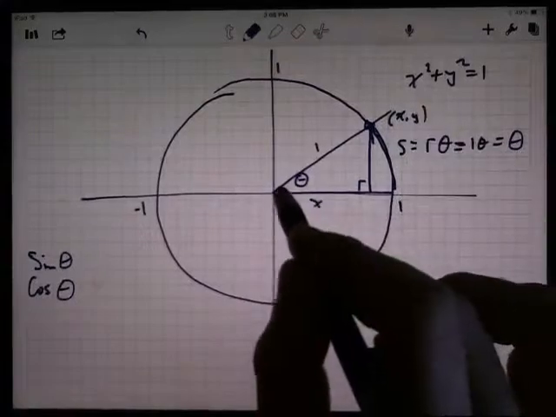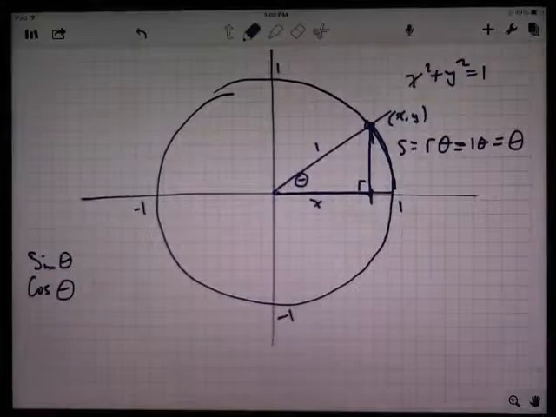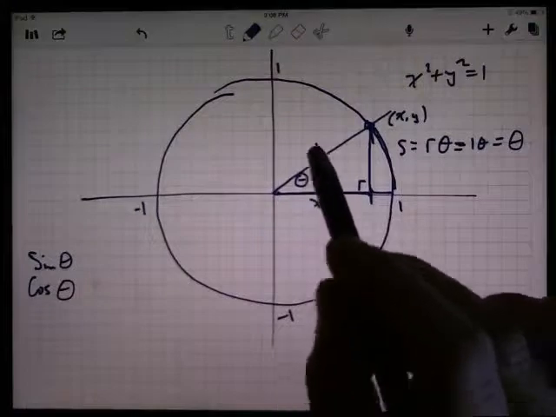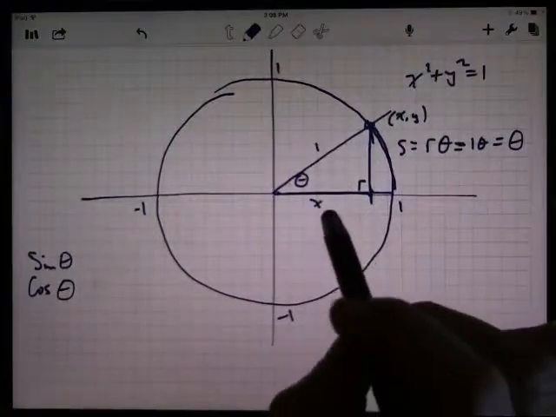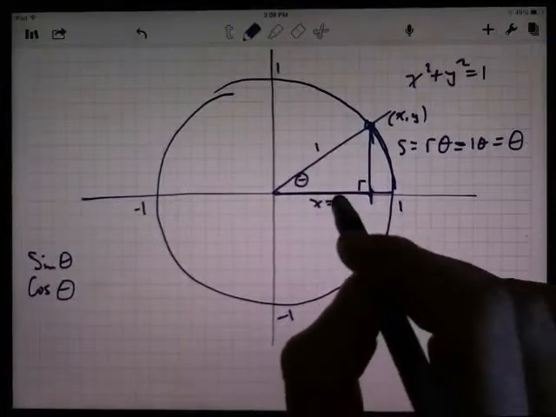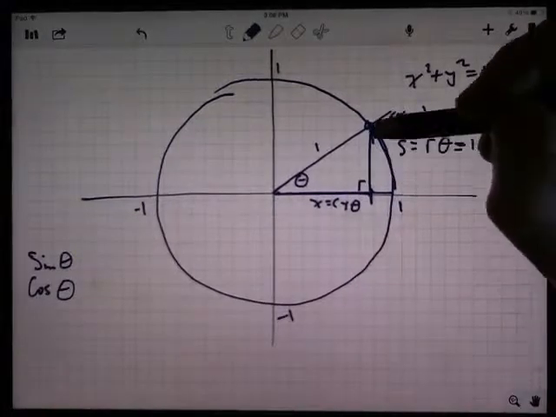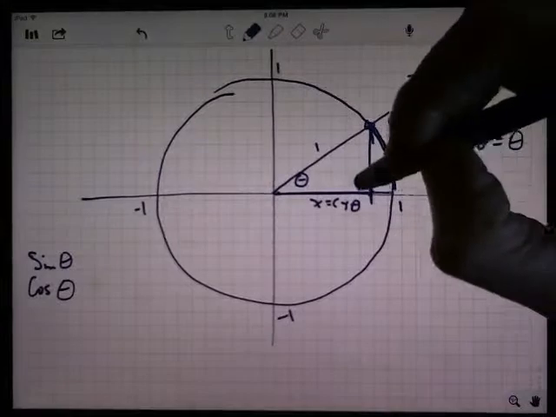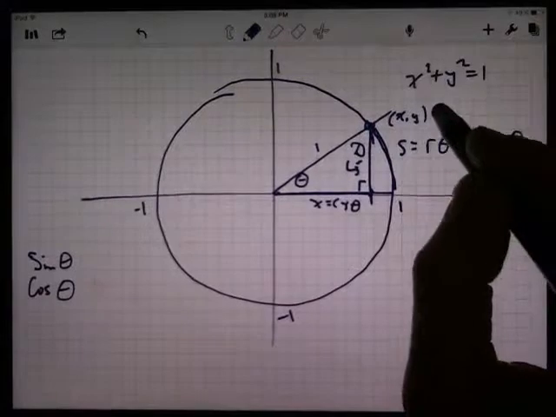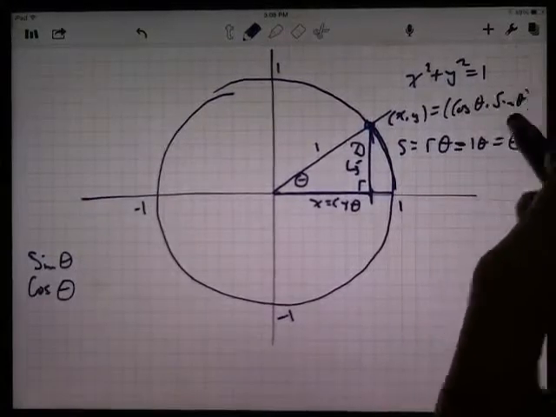The x-coordinate is going to be this length from here right over to there, which, if you know some trig, this angle, those two sides, the cosine of this angle should be x divided by 1. Well, goodness, if cosine is x divided by 1, then x is going to be cosine theta. Likewise, the y-coordinate is this side up here, and that turns out to be the sine of theta. So the coordinates of that point are cosine theta, sine theta.